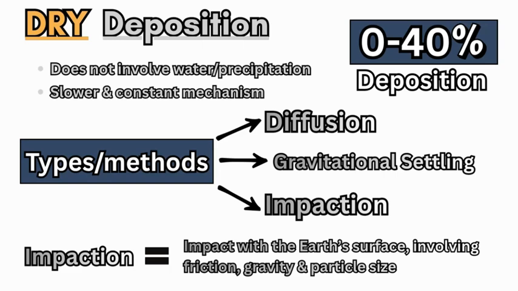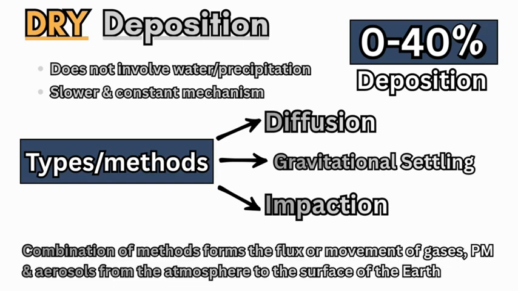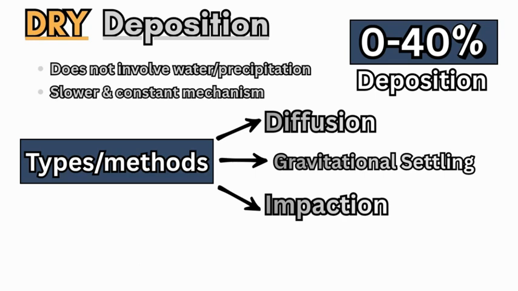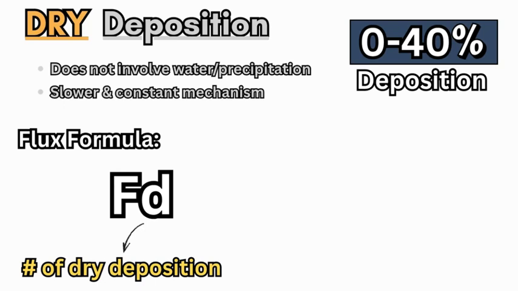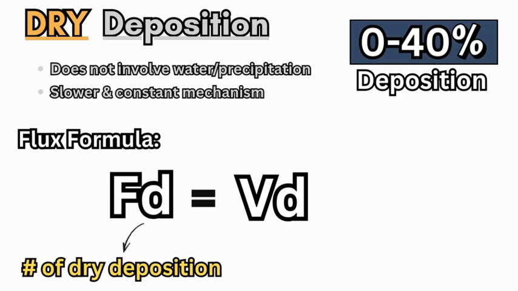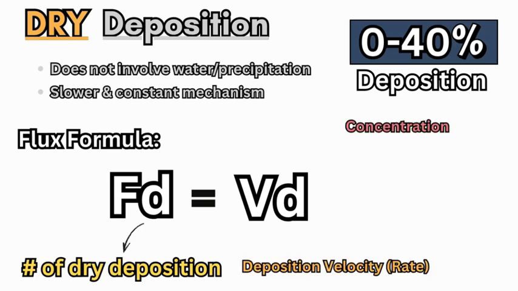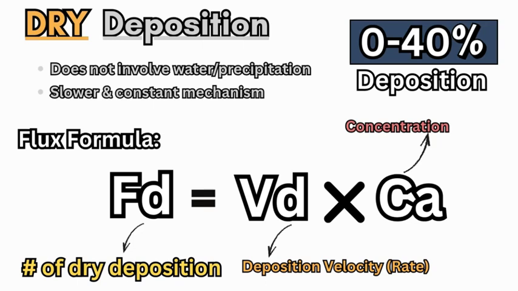Now, the combination of all three, diffusion, gravitational settling, and impaction, creates dry deposition. And this can be calculated through the flux formula, or the speed or rate in which deposition occurs without water, which is capital F and lowercase d, which is the amount of dry deposition, equals capital V and lowercase d, which is the deposition velocity or rate, times the capital C and lowercase a, which is the concentration of those gases, particulate matter, and aerosols.